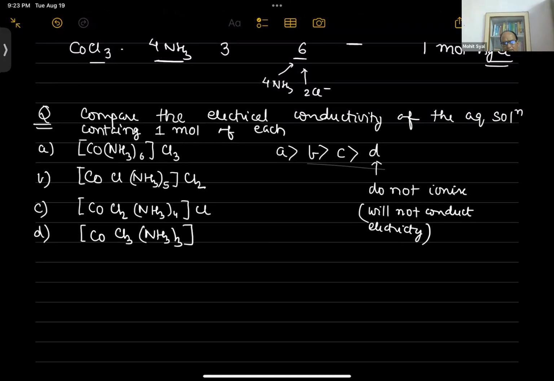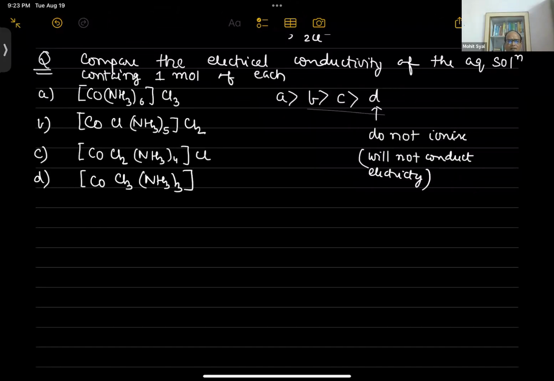So next, the next part of this theory is the valence bond theory. Clear? What is this valence bond theory? Any idea?